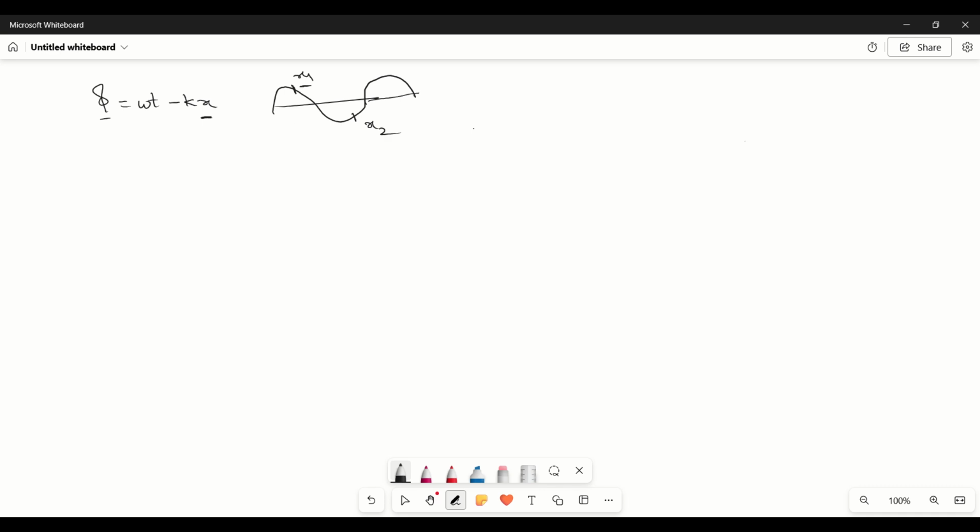For that I am going to consider phi1 equal to omega t minus kx1, and at this position the phase is represented as phi2 equal to omega t minus kx2.